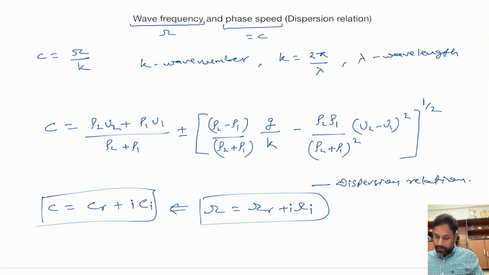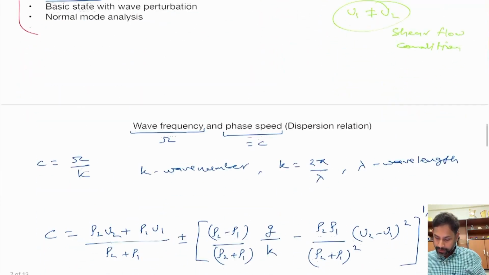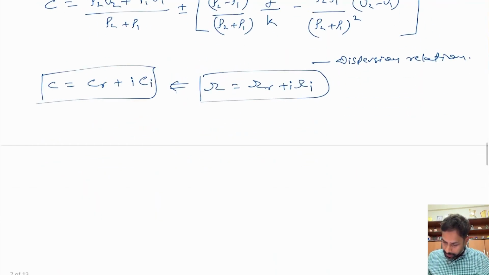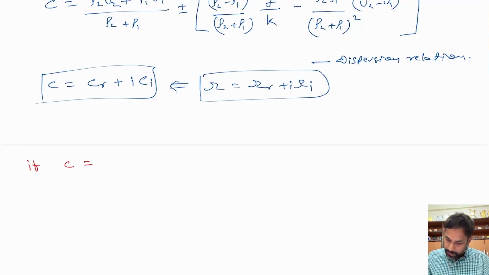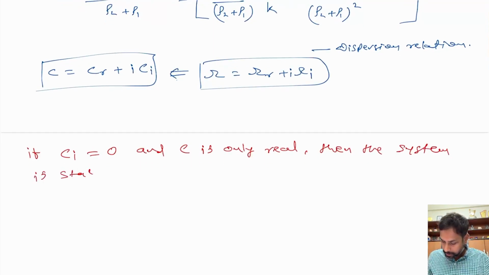So this, as we discussed, is derived based on the normal mode analysis, and that is why we have these conditions. And what it actually means is, if c is only real, if ci is 0 and c is only real, then the system is stable.